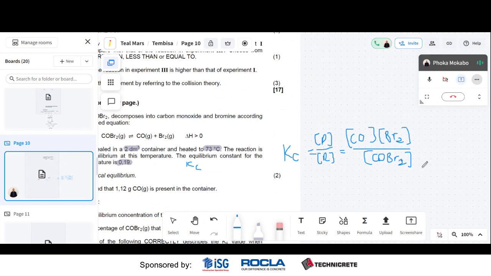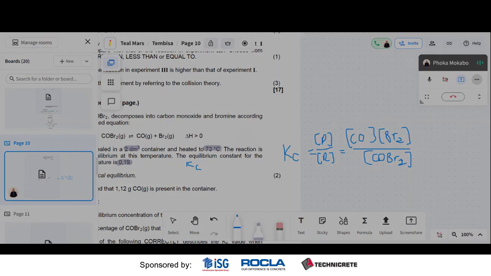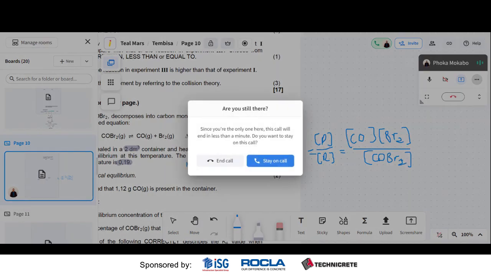Excuse the writing. But okay, the concentration of our products being placed over the concentration of our reactants, right?